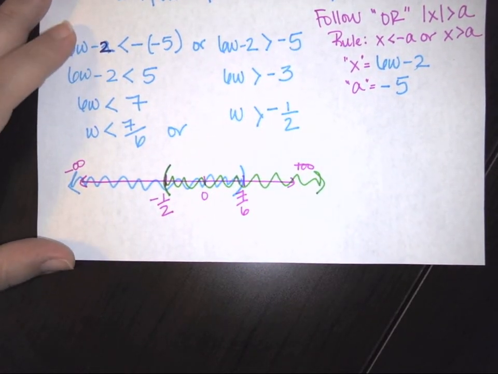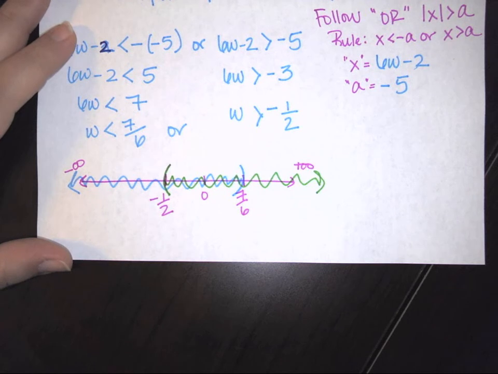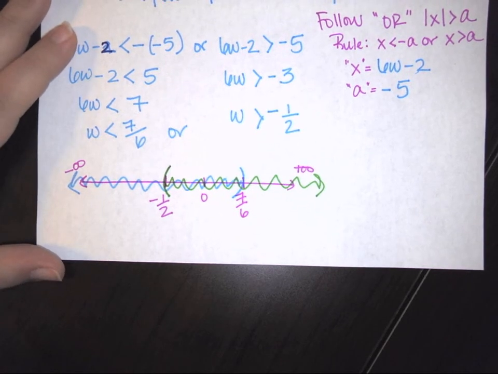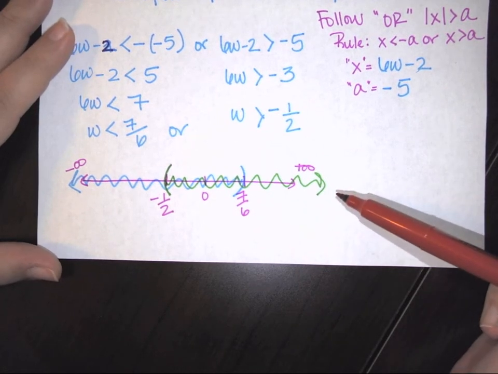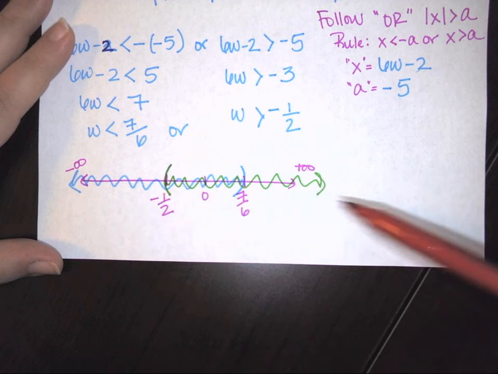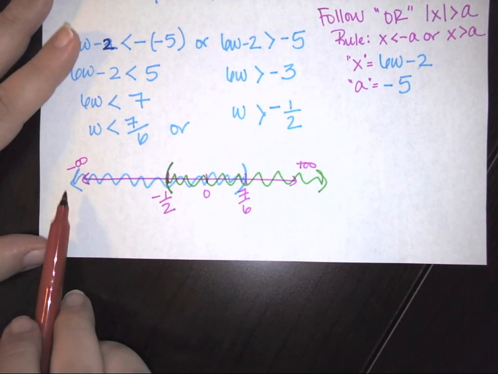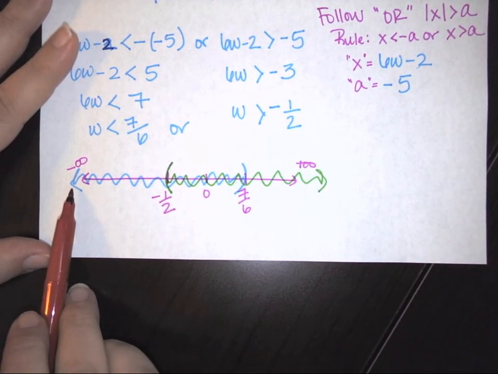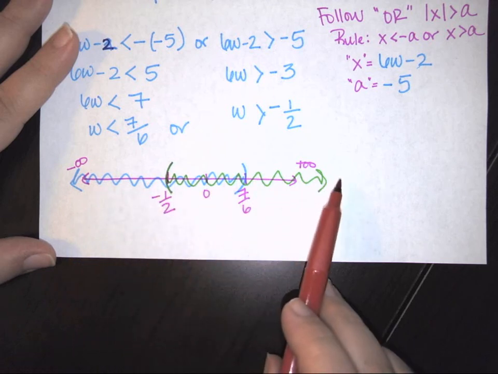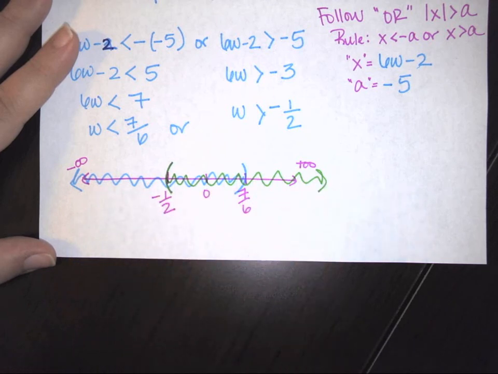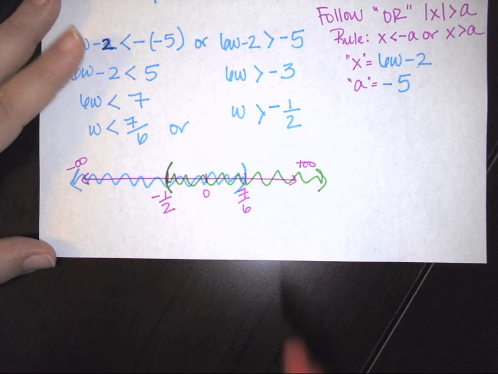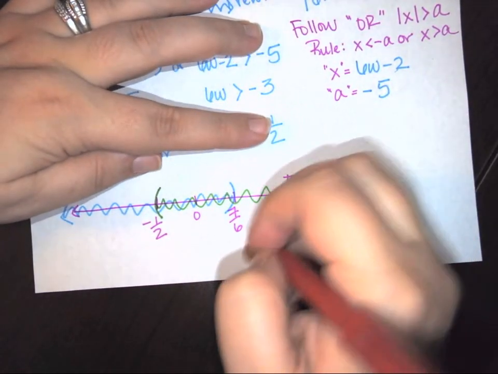So, whoa, that definitely looks different. So remember how I've said that your interval has to match your graph. So take a look at what actually happened here. My actual graph is going from negative infinity all the way through to the positive infinity, which means this is a special case.